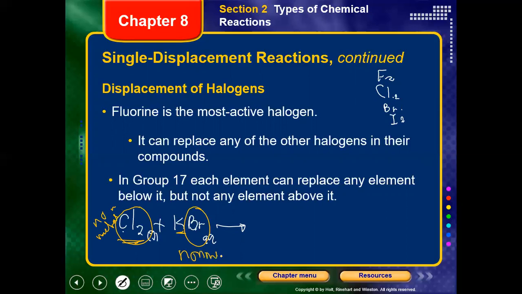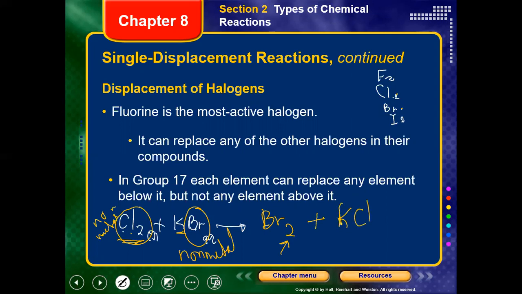As per the reactivity series, Cl comes before Br. So chlorine is more active than bromine. So chlorine will take the place of bromine, and bromine stays alone as Br2. Why did I write 2? Because it's a diatomic element again, plus KCl, okay?